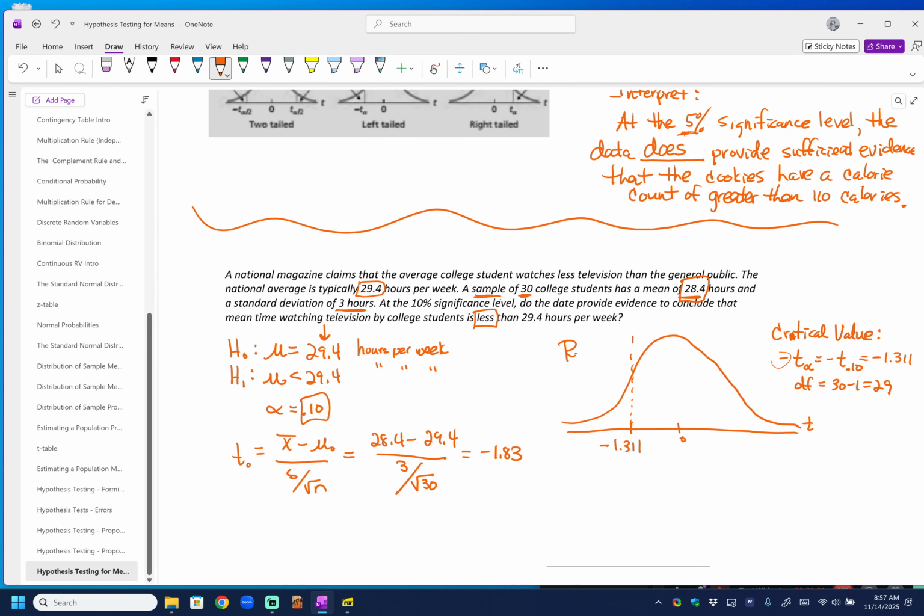So you're rejecting H naught over here, and you do not reject H naught over here. We then can take our test statistic and place it where it belongs on our t-distribution, and negative 1.83 would fall just about right there. So our decision would clearly be to reject H naught.